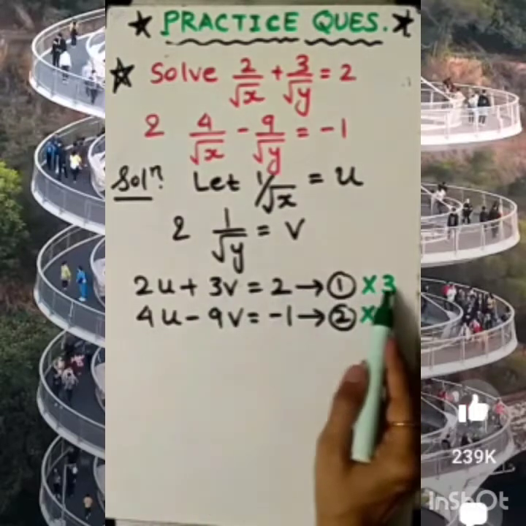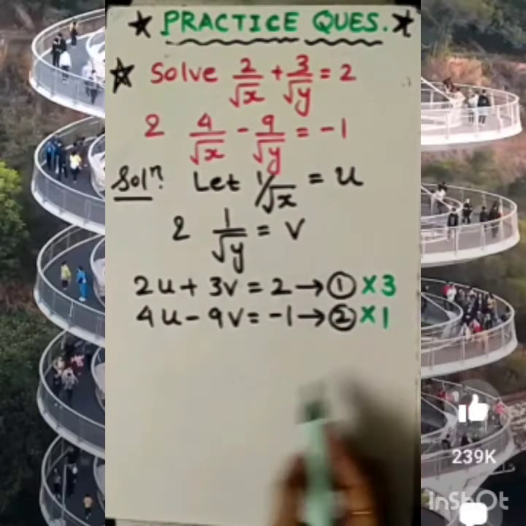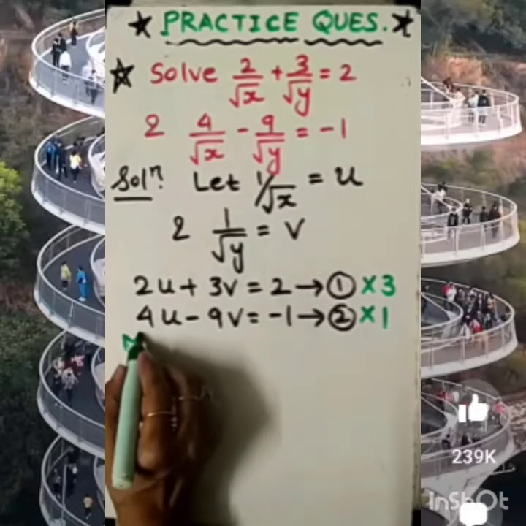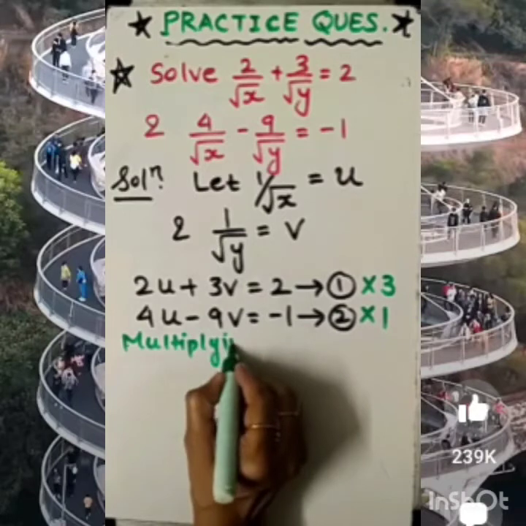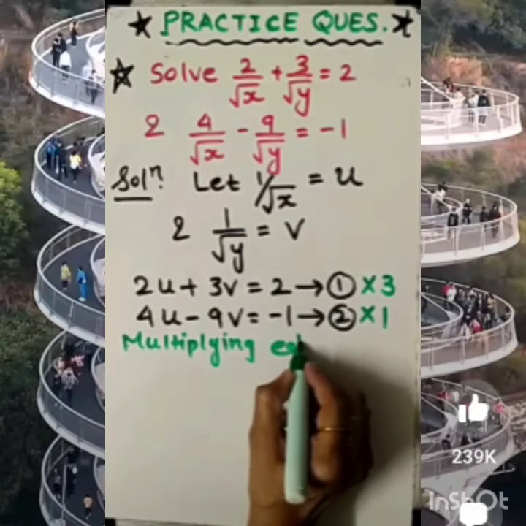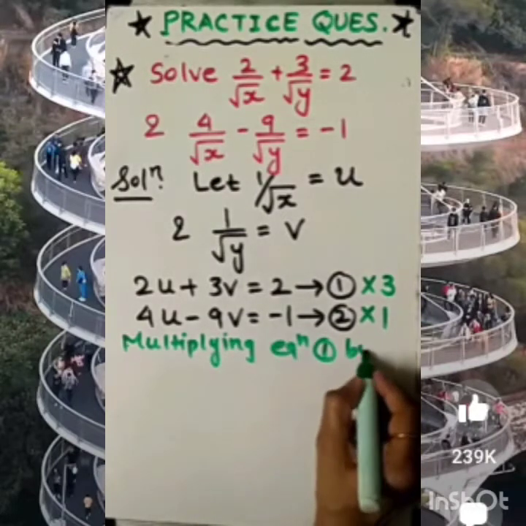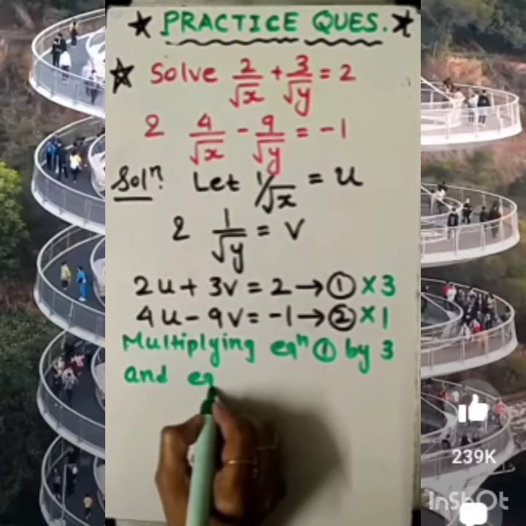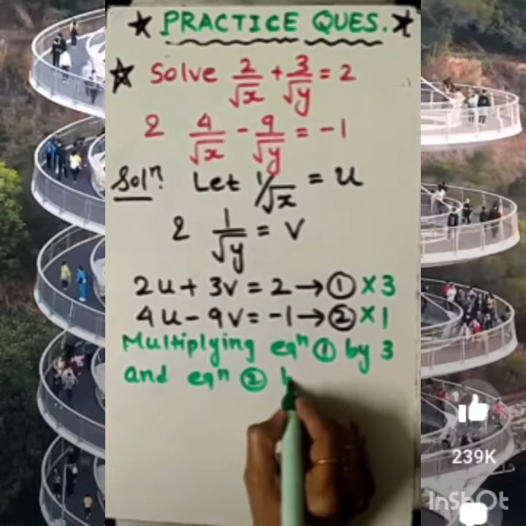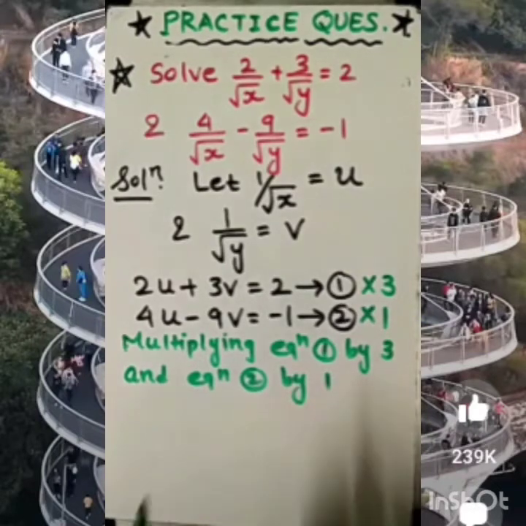Because 3 3 are 9, 9 1 are 9. So I need to mention that also. Multiplying equation 1 by 3 and equation 2 by 1. Yes, it's quite easy.